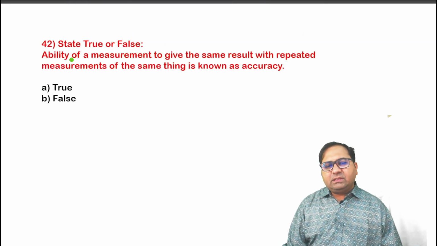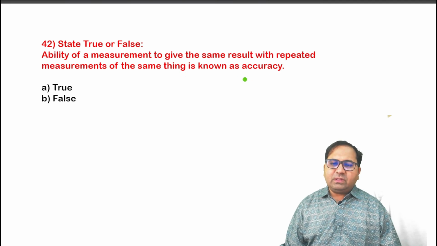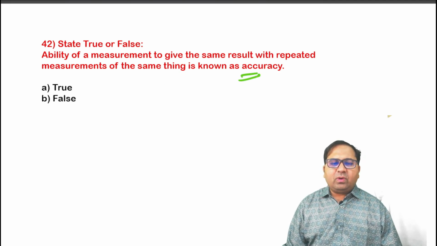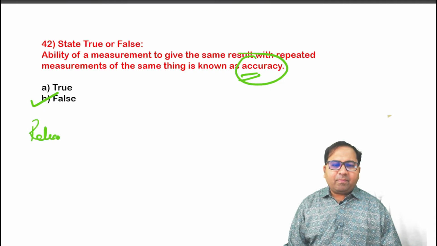Next question, state whether true or false. The ability of an instrument to give the same result with repeated measurements of the same thing is known as accuracy. Is it true or false? The answer is that it is false, because the ability of an instrument to give the same result with repeated measurements of the same thing is not accuracy, it is known as reliability.